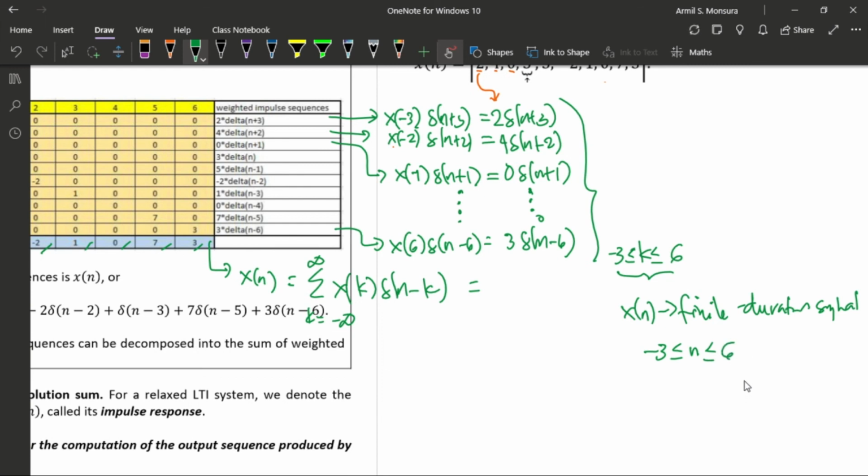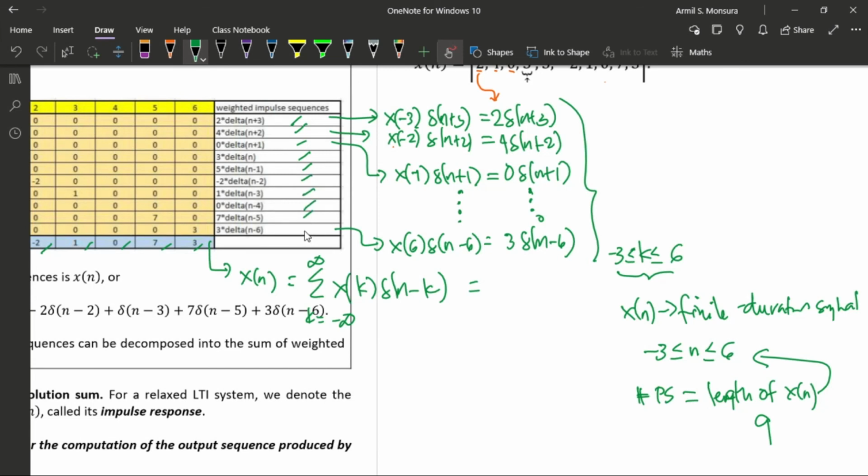Sabi ko nga kanina, yung number of product sequences natin equals sa number of sample values of xn, or equals sa length of x of n. Since ang length of x of n ninyo is 9, then magkakaroon lang din ng 9 terms. 1, 2, 3, 4, 5, 6, 7, 8, 9.